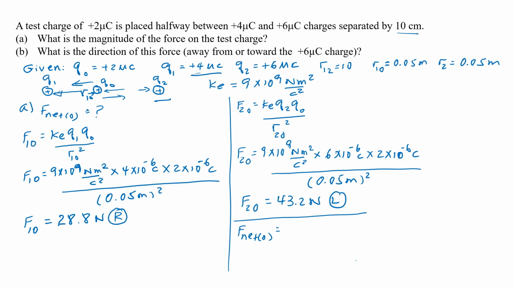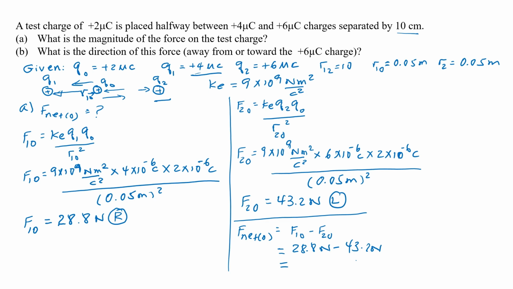So if we take the right one, which is F10, minus F20, conventionally left is negative and right is positive, therefore this is going to be 28.8 newtons minus 43.2 newtons.